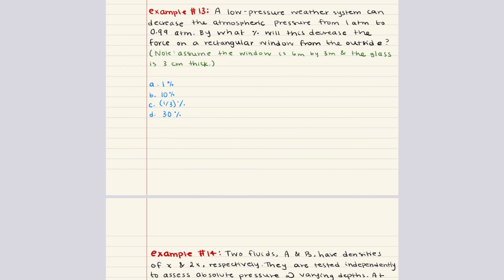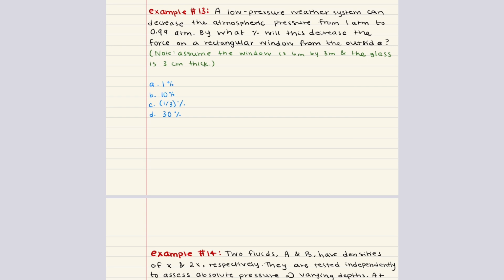Problem 13 says a low-pressure weather system can decrease the atmospheric pressure from 1 atmosphere to 0.99 atmosphere. By what percent will this decrease the force on a rectangular window from the outside? Note, assume the window is 6 meters by 3 meters and the glass is 3 centimeters thick.